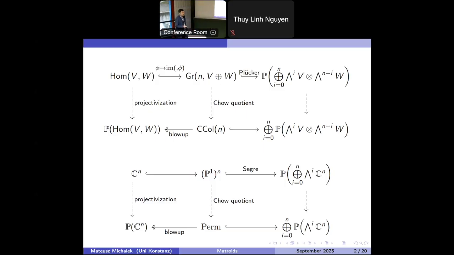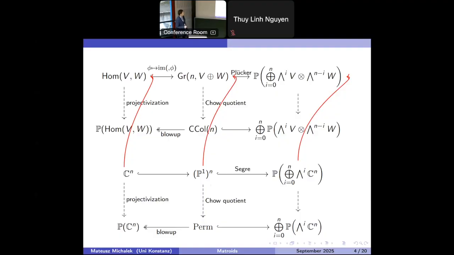Okay, so I want to say this is much more than just an analogy. It's actually an inclusion, and let's start with an easy inclusion. Clearly, diagonal matrices are inside n by n matrices. But using this, you get much more. You can see this P1 to the n as a subset of the Grassmannian.